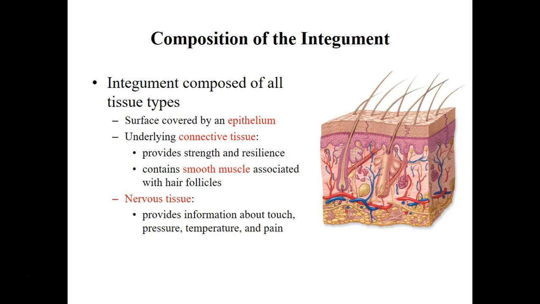The integument has 3 basic layers to it, really only 2, but the third, the hypodermis, is another layer that we do typically talk about here. So there are all 4 tissue types in the integument. The epidermis is composed completely of epithelial tissue, stratified squamous epithelium. Deep to the stratified squamous epithelium, the areolar connective tissue makes up the basement membrane and helps in producing these tiny little epidermal ridges.